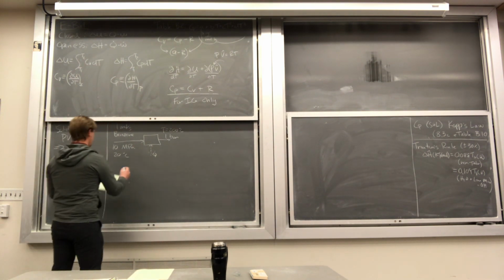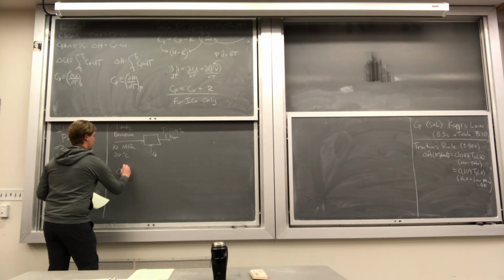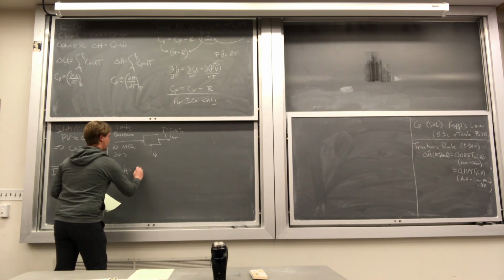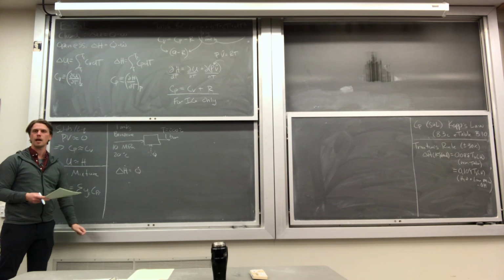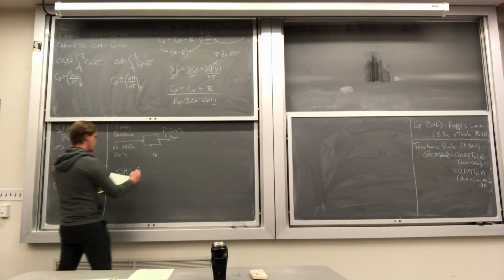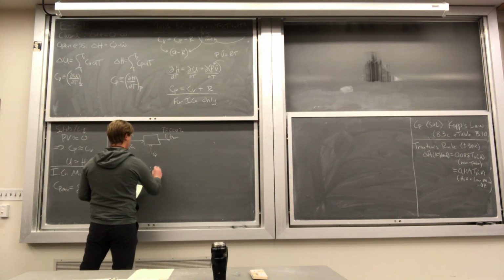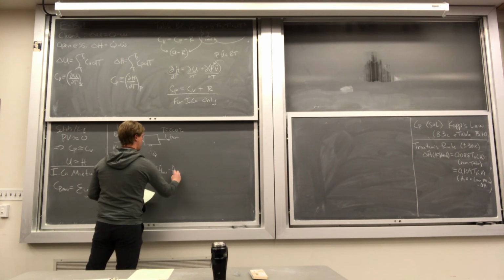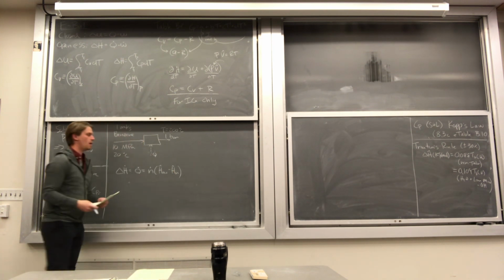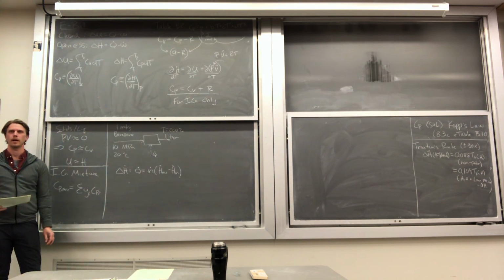Our energy balance: change in enthalpy is equal to how much heat we put into the system. Out minus in, multiplied by the flow rates.